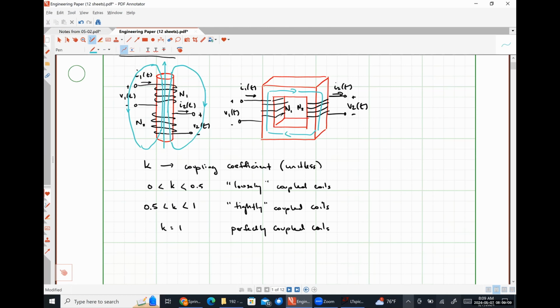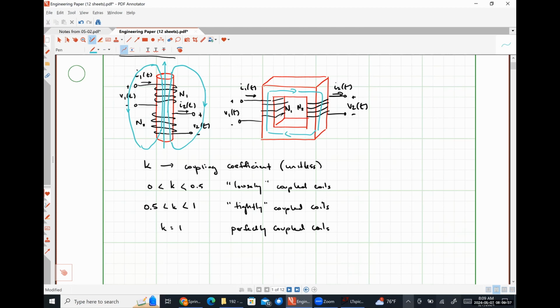So certain materials like iron can be magnetized extremely easily. And so if we have an uninterrupted core like this, so there is no air gap or anything like that, that high permeability material is effectively going to make sure that all of our magnetic flux stays in that region. Practically none of it spreads out. And so we have very, very high coupling between the coils.